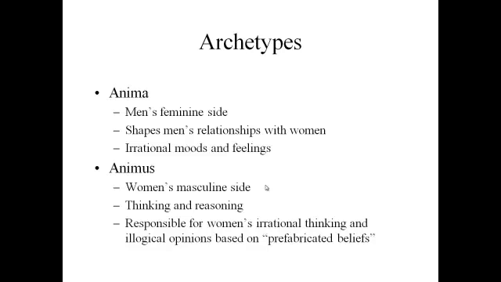And these, at least from Jung's point of view, stem from the anima, the feminine within all of us. On the other hand, the animus, the woman's masculine side, involves thinking and reasoning, rational thought. And if a woman's animus comes out, the idea is that it's almost like pretending to think logically, but it's kind of irrational thinking.